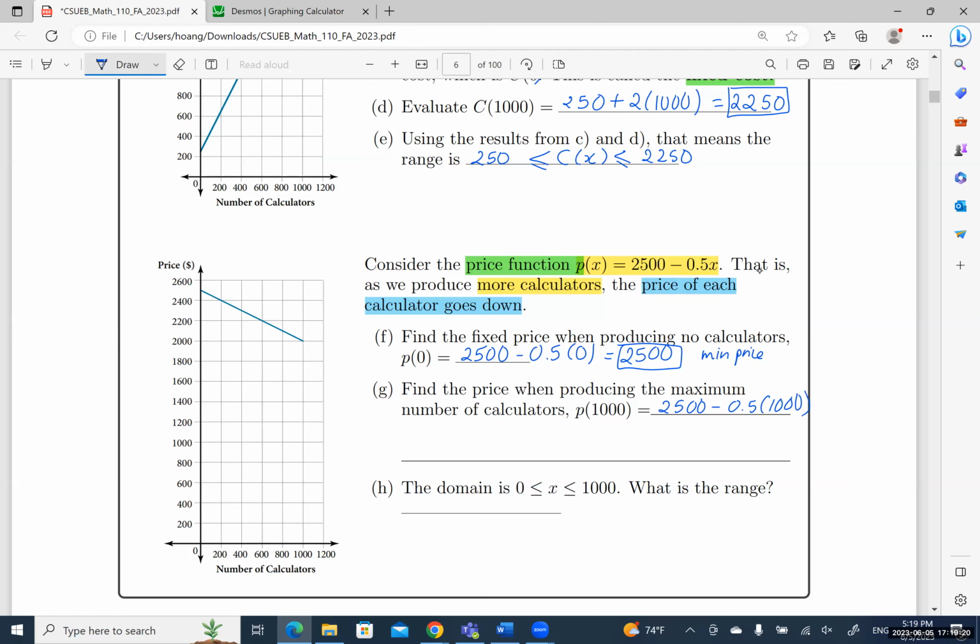The input now is 1,000. And you get P of 1,000 will be equal to 2,500 minus 0.5 times 1,000, which is going to be 500. So that's going to be 2,500 minus 500 equal to 2,000.